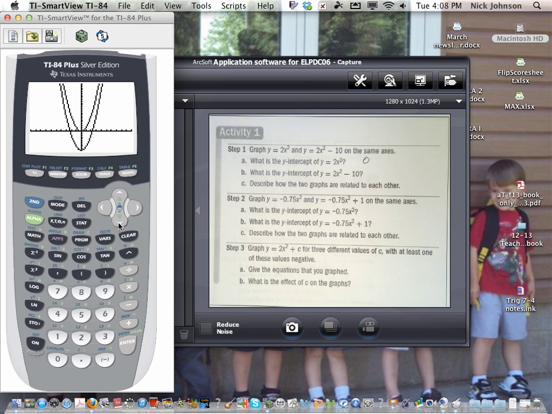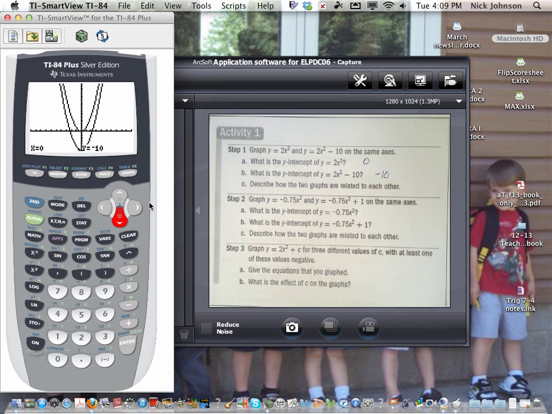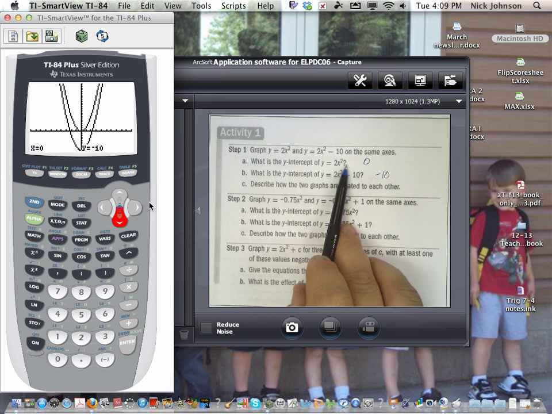B says, what is the y-intercept of y = 2x² - 10? Well, if I scroll down here, it is at -10.